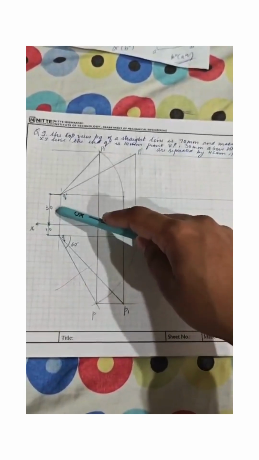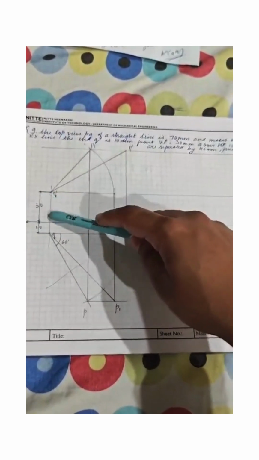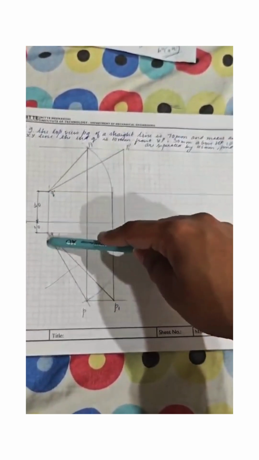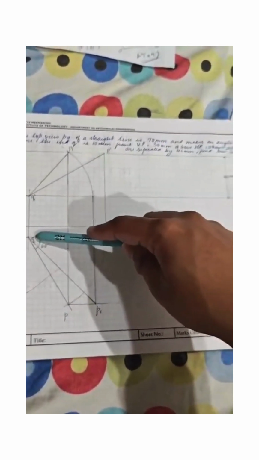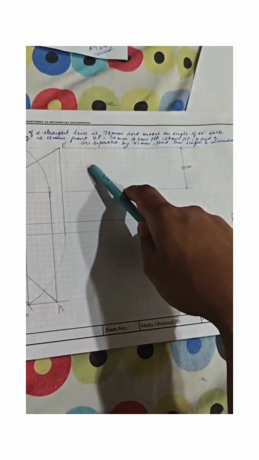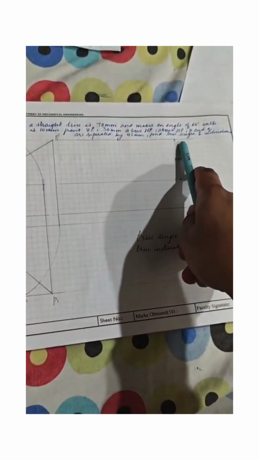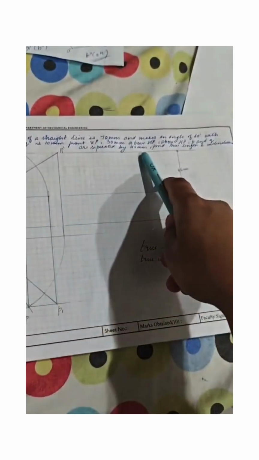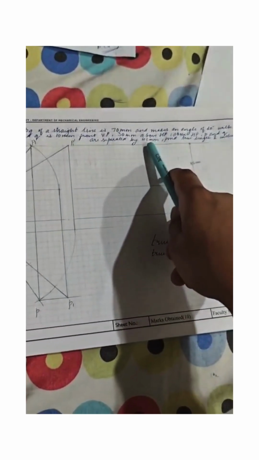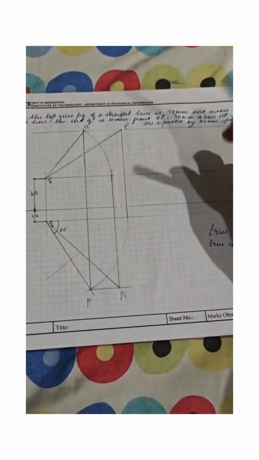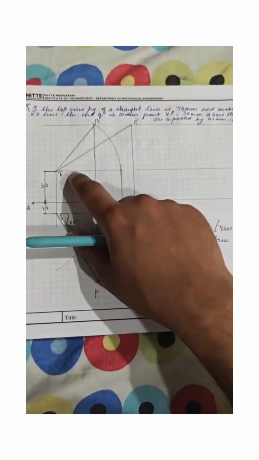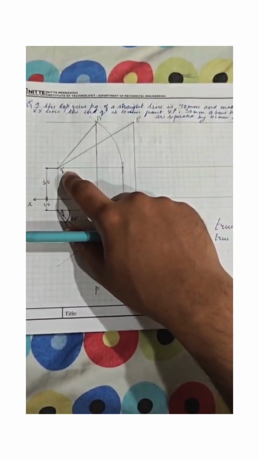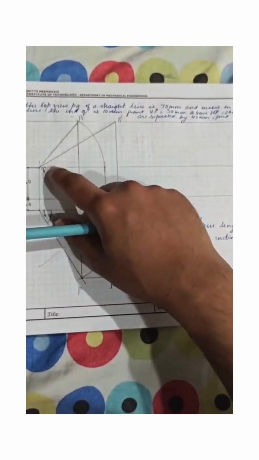They've given the Q point also, and they've basically given these 2 points, and they've given the top view, and they've given the angle. So they've given us this much, and they've also said that these P and Q are separated by 45 mm. So they're asking us to find true length and true inclinations from apparent length, obviously. So we have gotten Q dash point here, and they said that the Q dash and the P dash point are separated by 45.